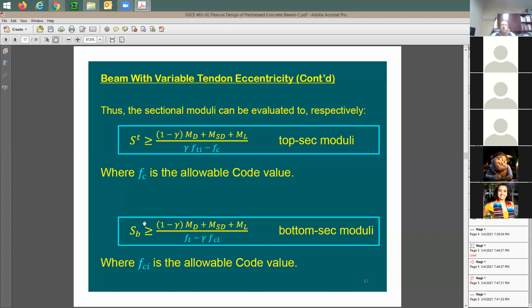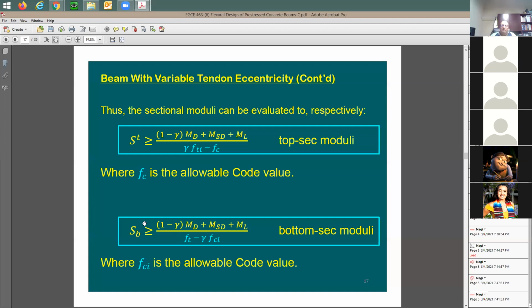Now, when you pick a beam, you're not going to go with exactly 1,000 inch cubed for the S top and S bottom. You need to go slightly larger because in many cases, you cannot really fit all of the strands in the beam that you pick. You can go to a very small beam.